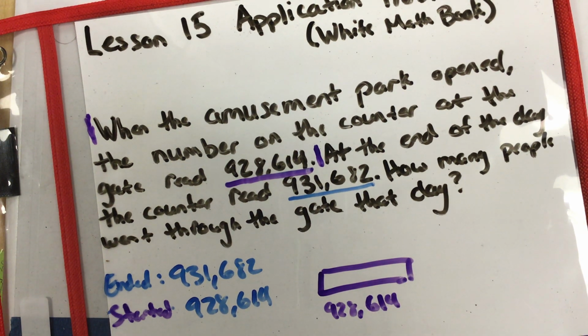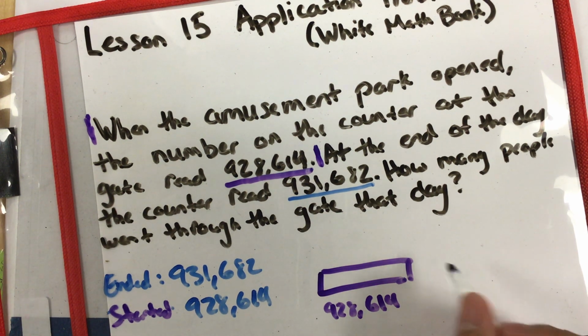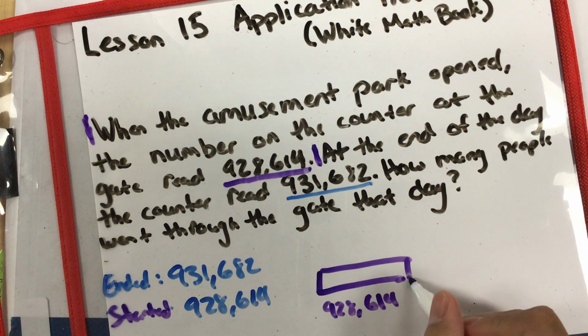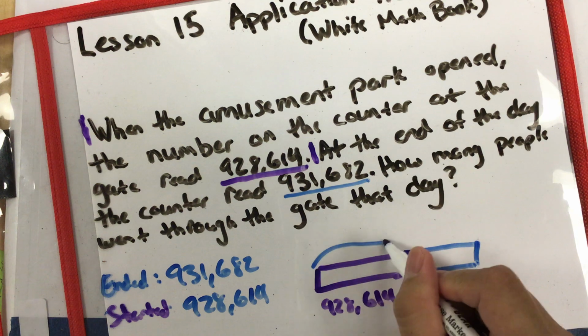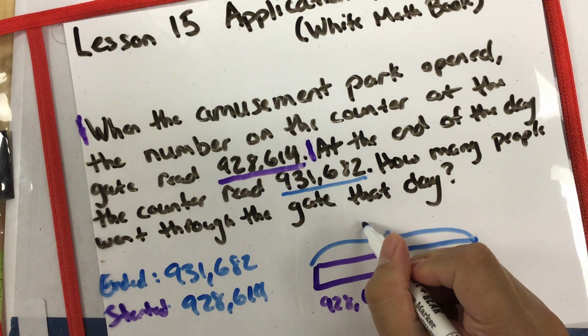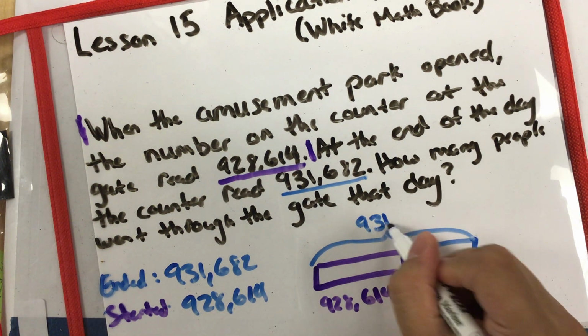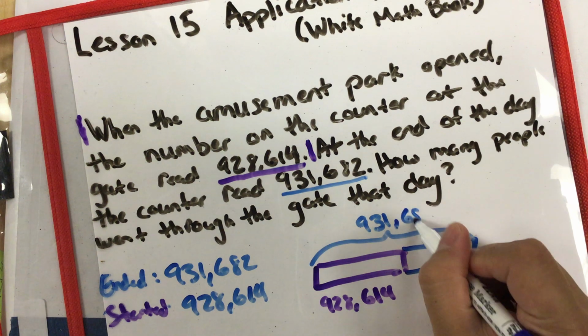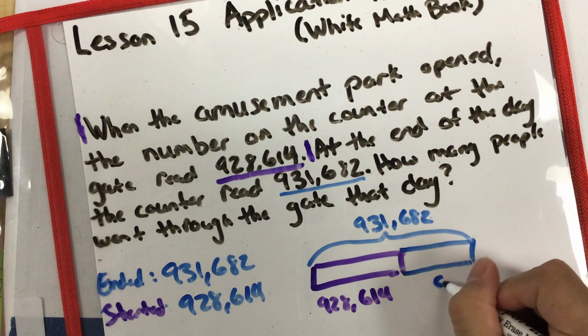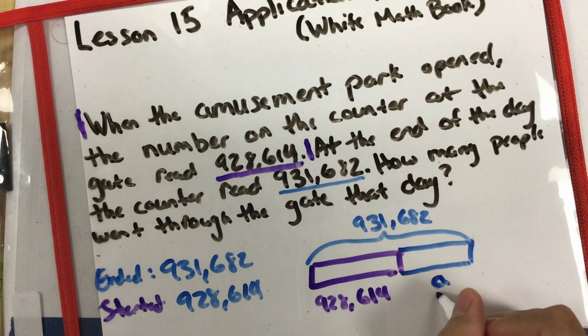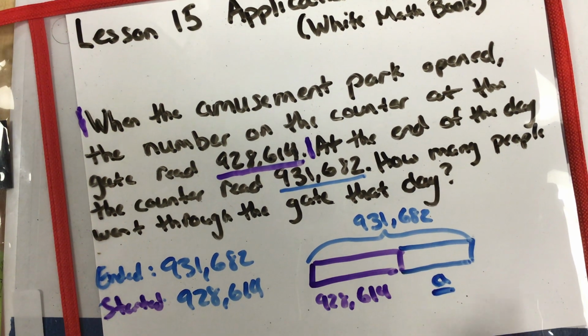At the end of the day, the counter read 931,682. So we need to know how many people went there at the end. Because by the end, we should have 931,682.